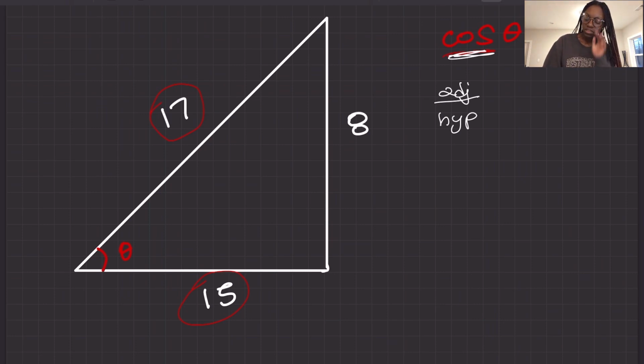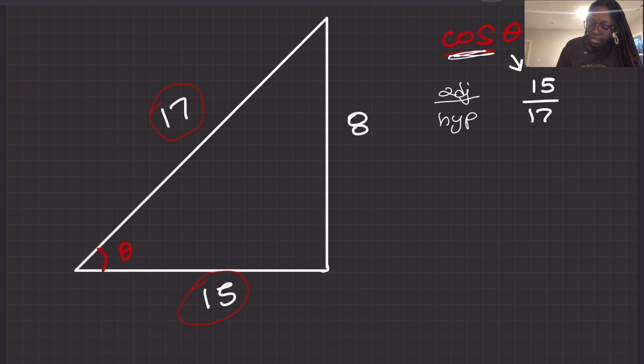So the adjacent is 15, the hypotenuse is 17. So the cosine of theta in this triangle is 15 over 17. And they might ask you to leave it as a fraction or to rewrite it as a decimal. And that's, like I said, your teacher's choice. Every teacher's different.